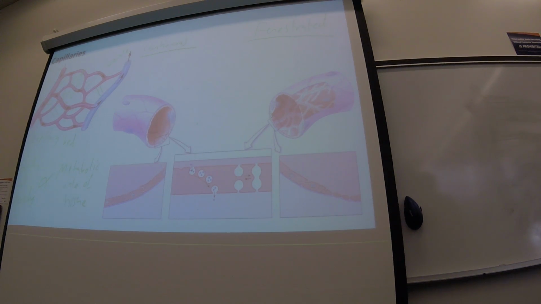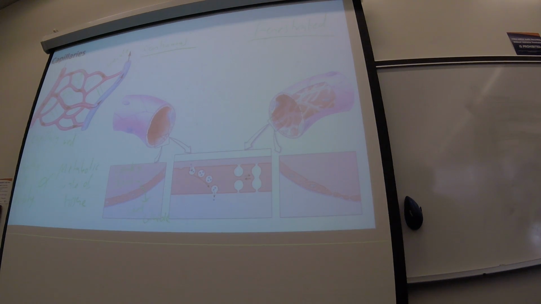For continuous capillaries, you have these leaky junctions that let in polar molecules that don't normally pass through a cell membrane. So we're talking about ions here, we're talking about glucose here. Small proteins can pass through here. These leaky junctions allow diffusion to occur better.